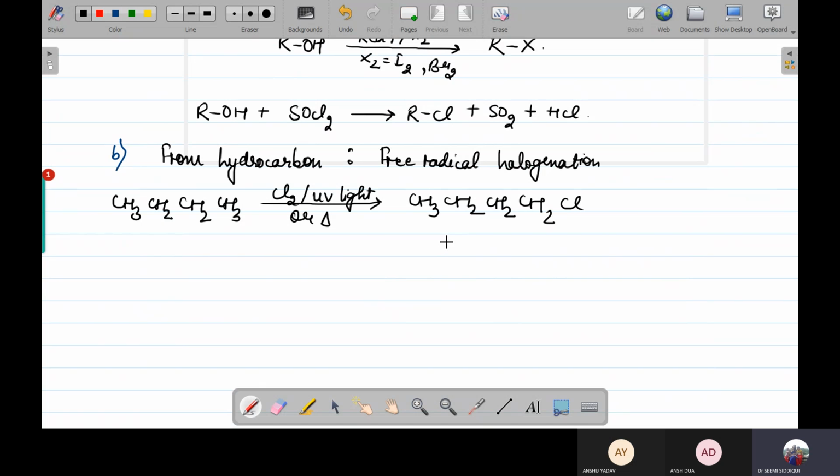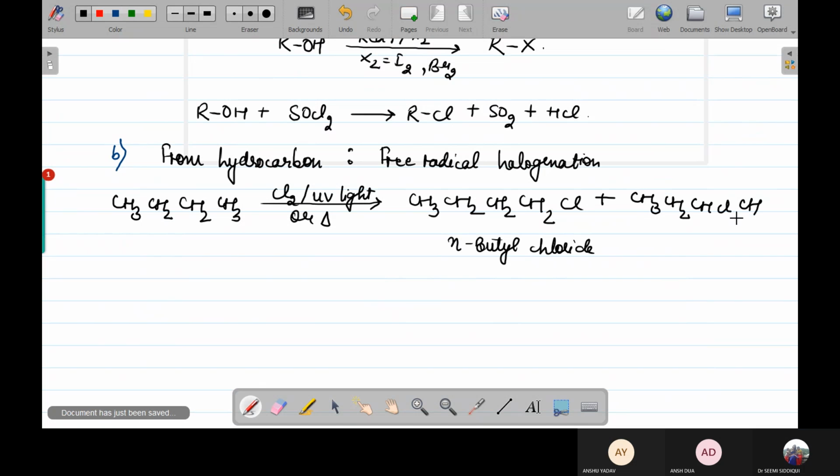Now this, if we do the naming, is your normal butyl chloride. Besides it, there will also be the formation of this, that is your secondary butyl chloride.